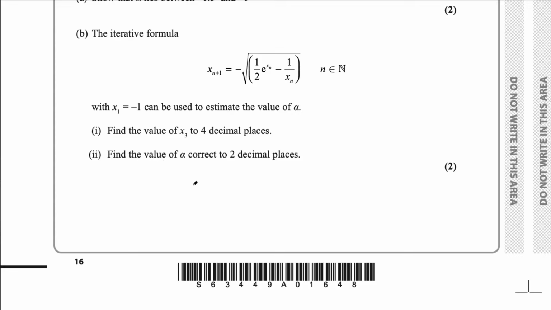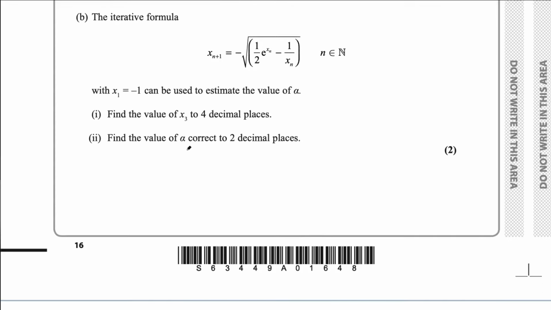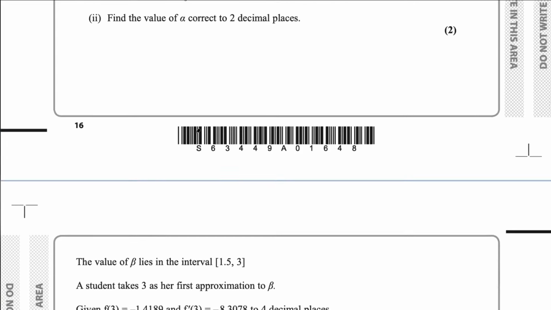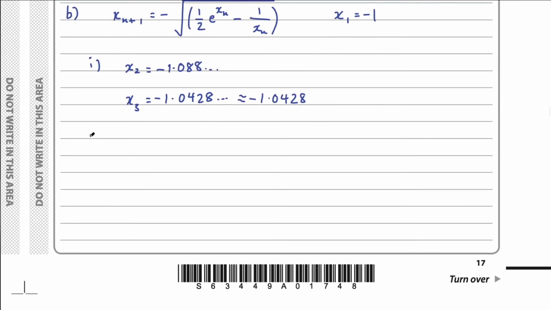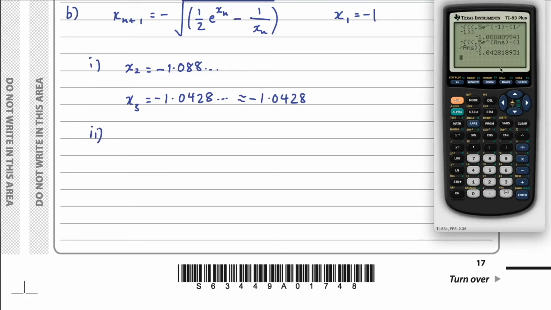And if we keep iterating, we'll eventually get to a point where we can get alpha correct to 2 decimal places. So for part 2, we want to keep doing this iteration. Get your calculator up again and just keep doing this. So go entry, enter, entry, enter, and you should notice something about the decimal places as you go on.